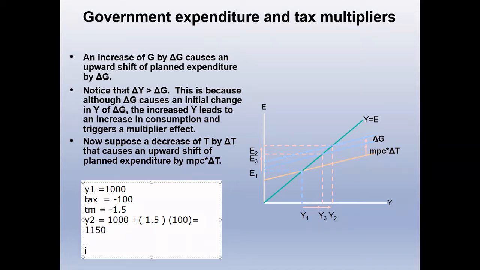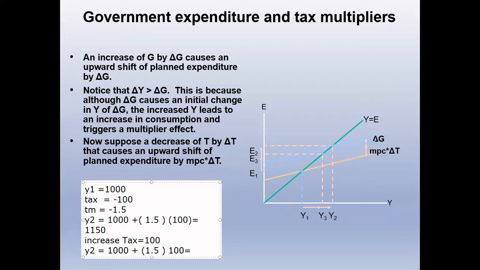But if I have an increase in taxes by 100, what do you think is going to happen? If I have an increase in taxes, the new GDP or the new income will be 1,000 plus negative 1.5 times the increase in taxes, which is 100.